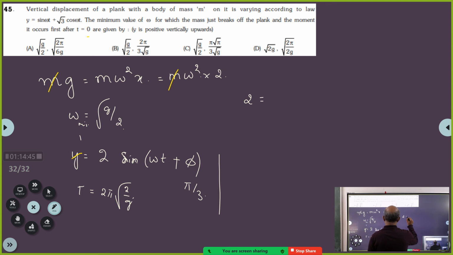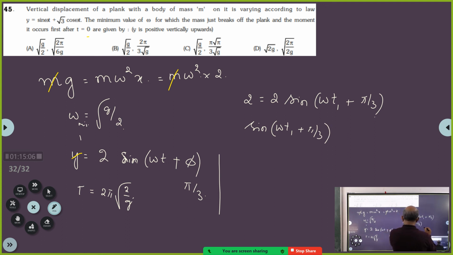So at highest position y is 2, 2 is equal to 2 sine of omega t1 plus pi by 3. So sine of omega t1 plus pi by 3 must be equal to 1, so omega t1 plus pi by 3 must be equal to pi by 2.